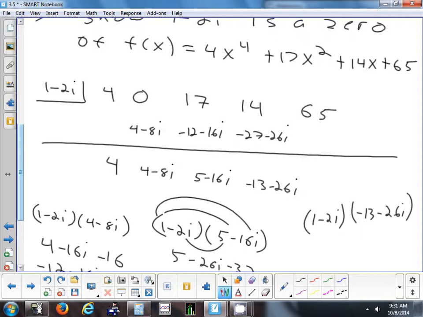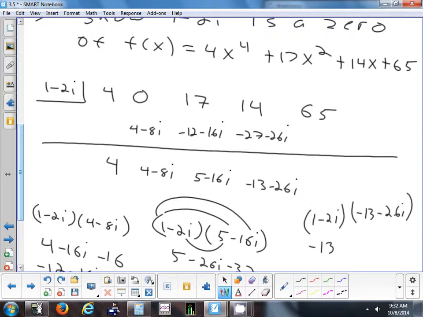Okay, let's see. So 1 times negative 13, we have 1 times negative 26i. But then what's negative 2 times negative 13? That's a positive 26. So the i terms are going to cancel. That's good. And then we're going to get negative 2 times negative 26. How much is that?